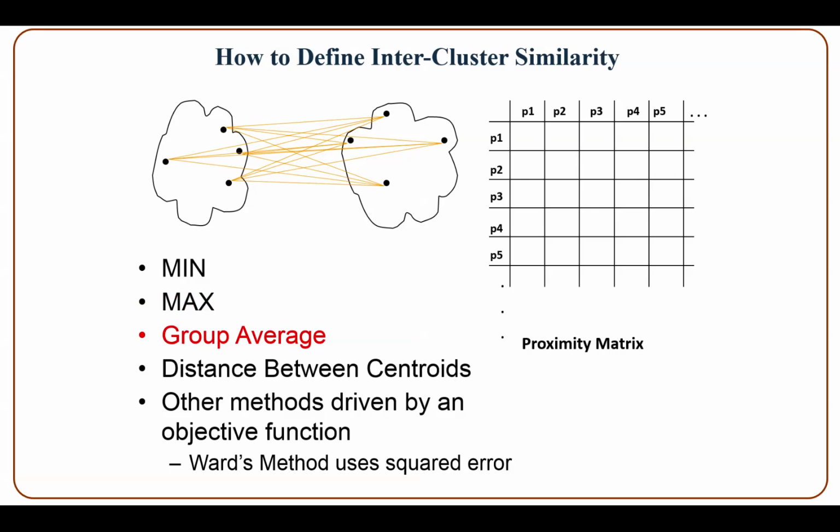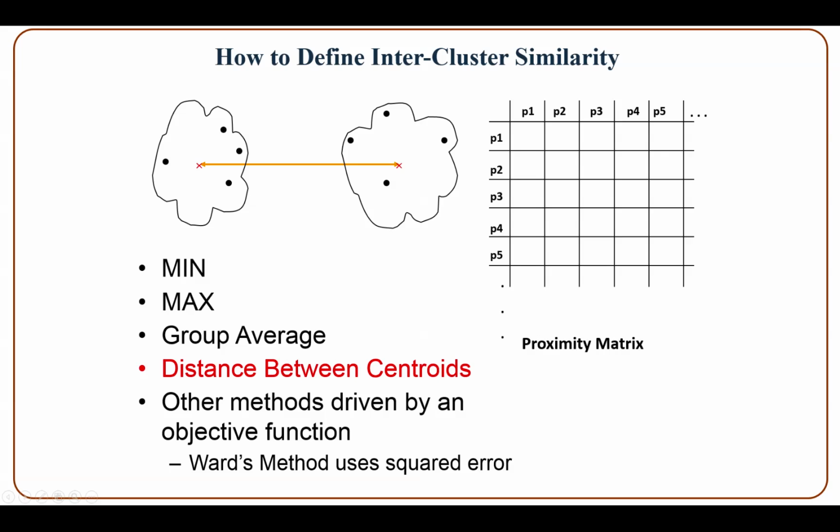When using centroids, the cluster proximity is commonly defined as the proximity between the cluster centroids. An alternative technique, Ward's method, also assumes that a cluster is represented by its centroid, but measures the proximity between the two clusters in terms of the increase in the sum of squared error that results from merging the two clusters.